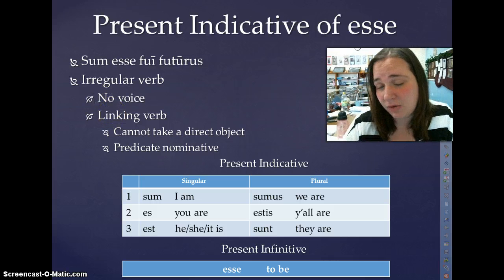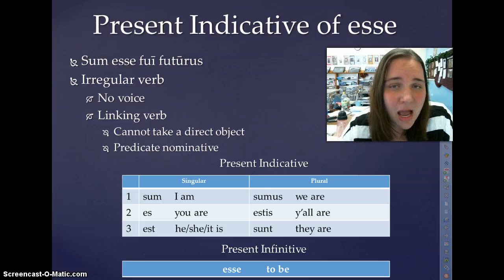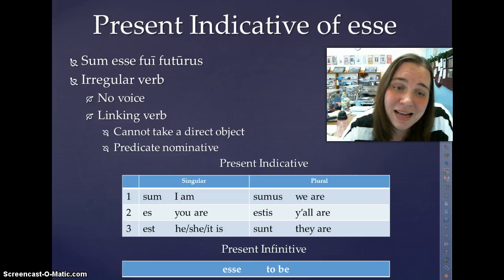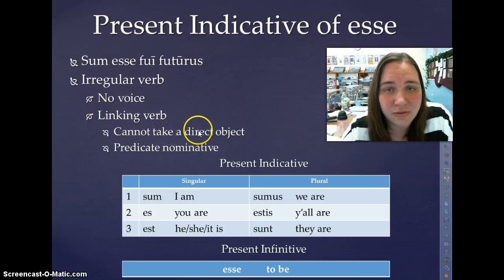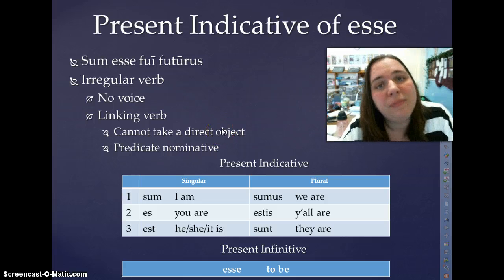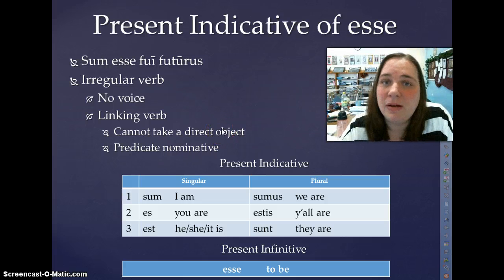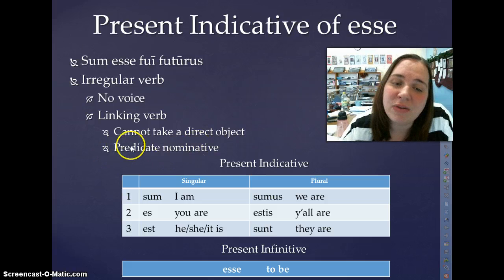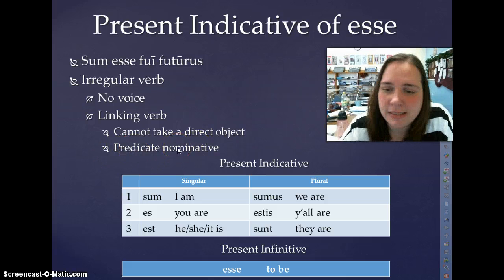It just is, which makes sense because that's what it means. Also, the verb to be is a linking verb. Linking verbs cannot take direct objects. So you're not going to have an accusative direct object in a sentence that has a linking verb. Instead, you're going to have the predicate nominative, and we're going to review that in just a second.